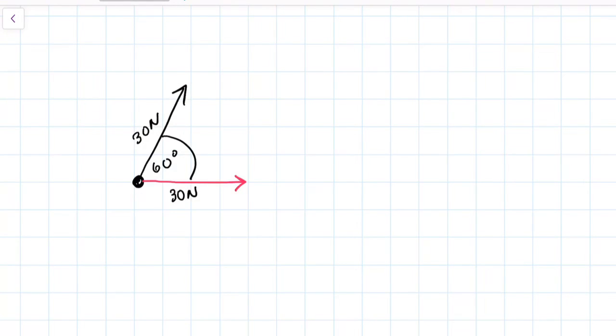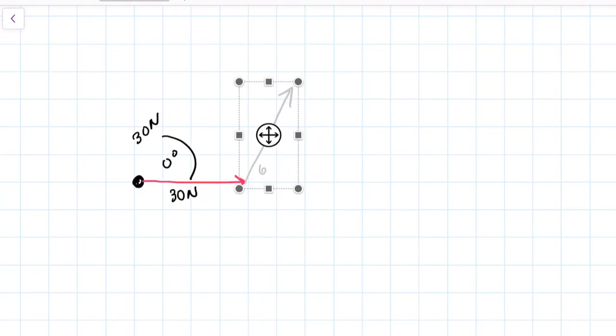Okay, and now let's take a look at this one. So we'll now move this one over. So now, just even the concepts you want to remember. So from here, this part right here is also still going to be 60 degrees.